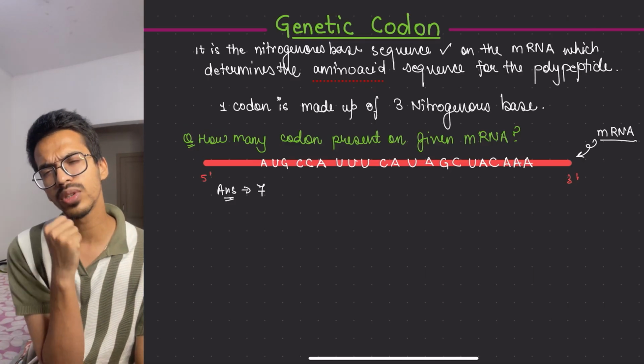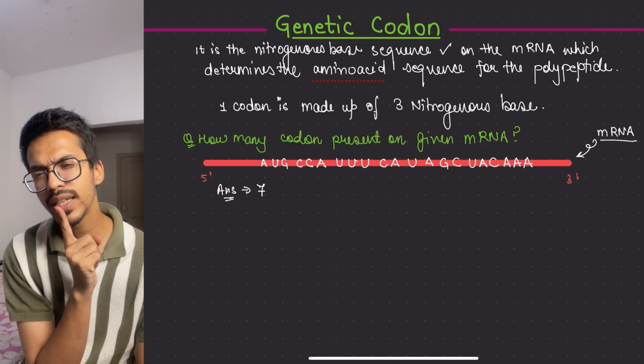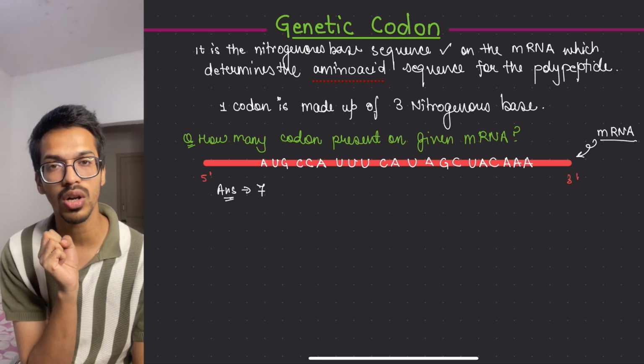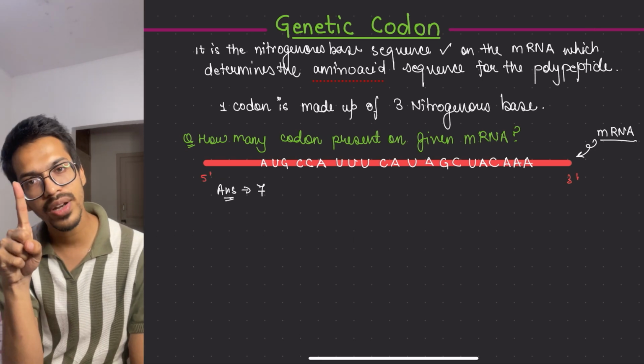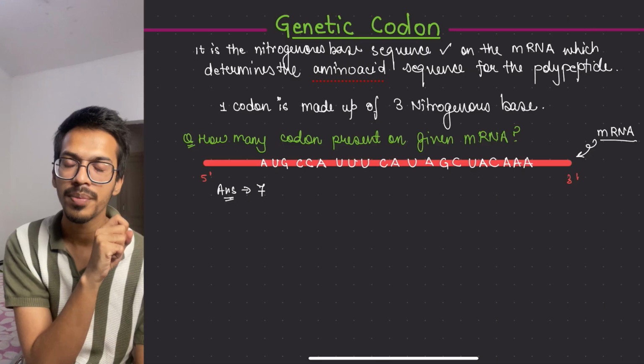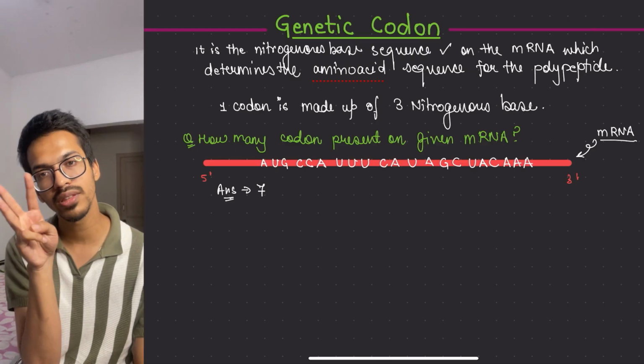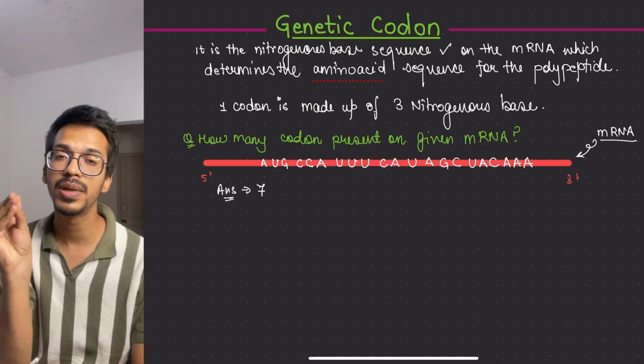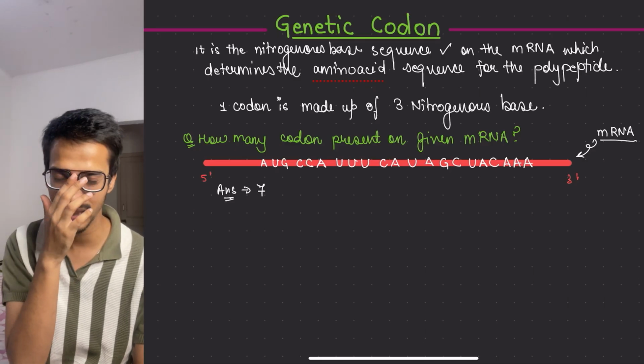But how do we know that in one codon there are only 3 nitrogenous bases? Why not one nitrogenous base per codon, or 2, or 4? How did this 3 come about? Here comes permutation and the probability factor.